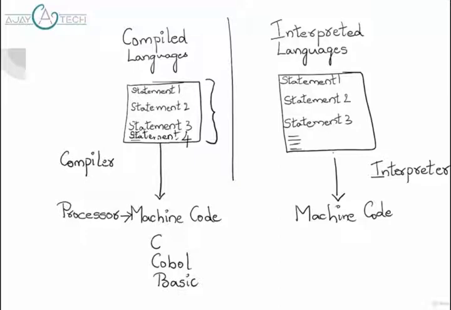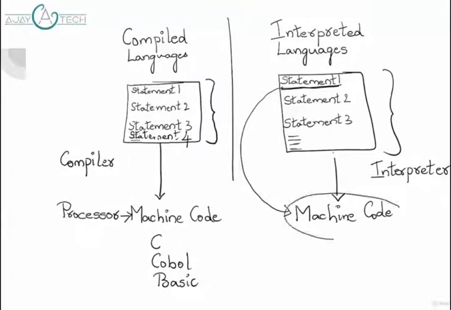So in your source code, it goes to the first statement and then it translates into machine code. In the next step, the CPU executes each instruction. So statement 1 has been translated into machine code by the interpreter, and this is executed by the CPU.